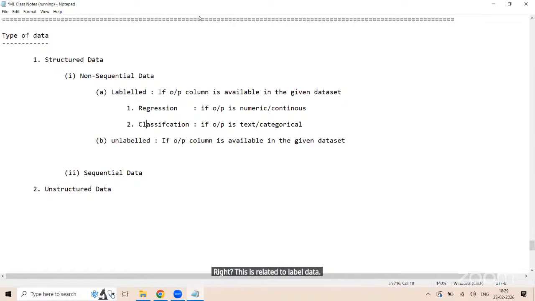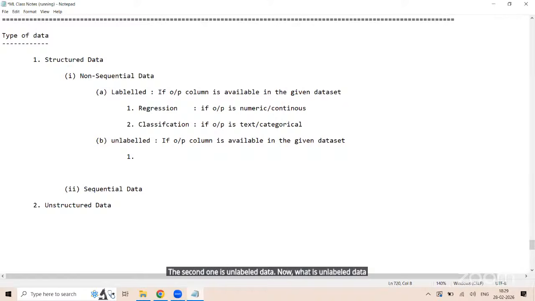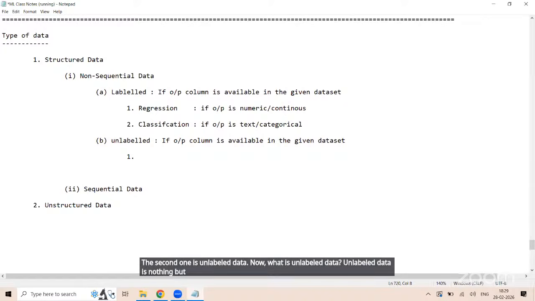Now, when it comes to unlabeled data, what is unlabeled data? Unlabeled data means output is not available. The output column is not available in the given data set.